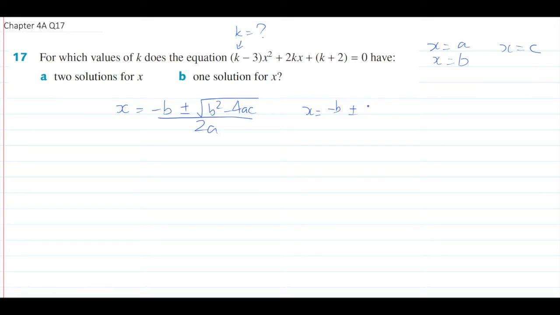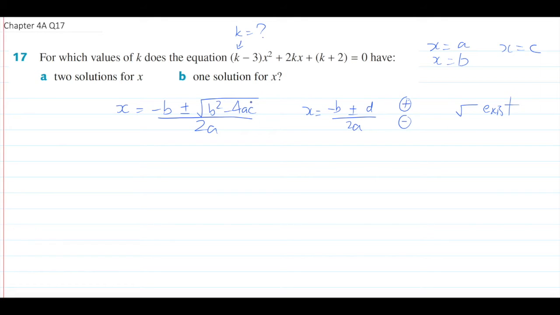We don't know what it is, but let's call it d for now, divided by 2a. And then the plus would give you one answer and the minus would give you another answer. So that's 2 answers. That's how you get 2 solutions, if the square root exists, okay? So the square root existing gives you a number, and so 2 answers.